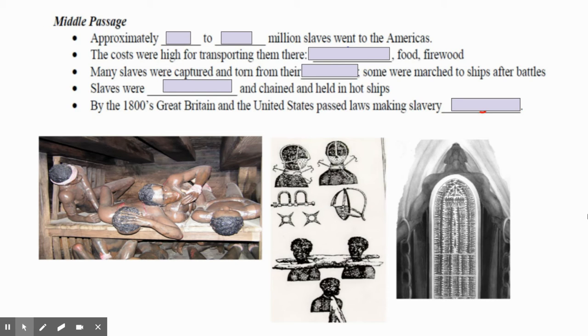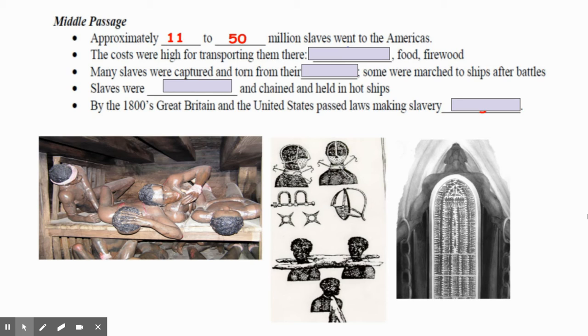When you talk about the passage, the journey from Africa to the Americas has a name, and it's known as the Middle Passage. It's not necessarily a well documented number because some of these slave merchants obviously were not keeping good books, and some of the books have been lost to history.